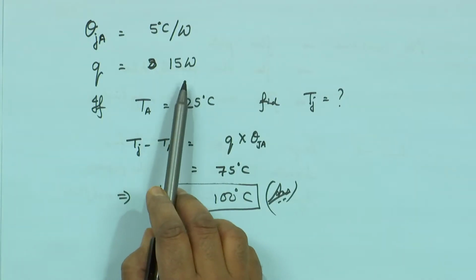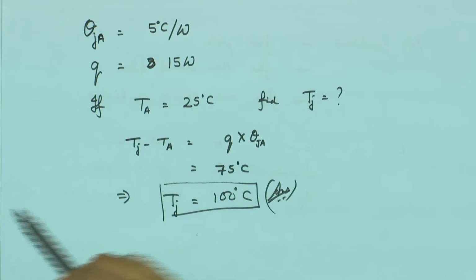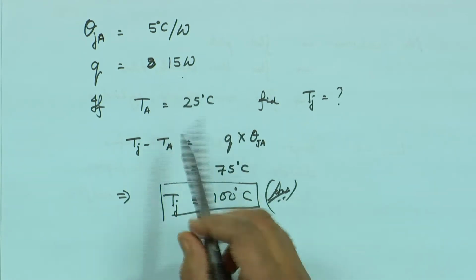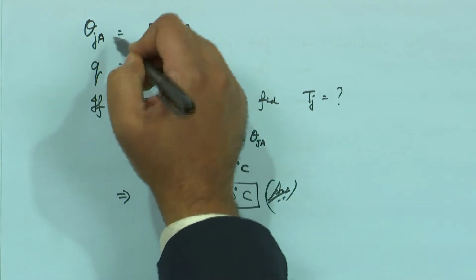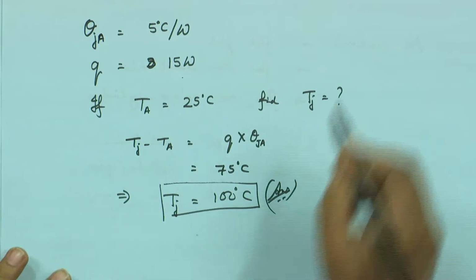Out of 15 watts maybe only 75% goes from junction to ambient in the path I am talking about, the rest may be going into the motherboard. So I should not be multiplying by 15, I should be multiplying by whatever fraction of that 15 is going in the direction of junction to ambient. How do you find that out? It is difficult to find out. Since you asked, it is a good question.